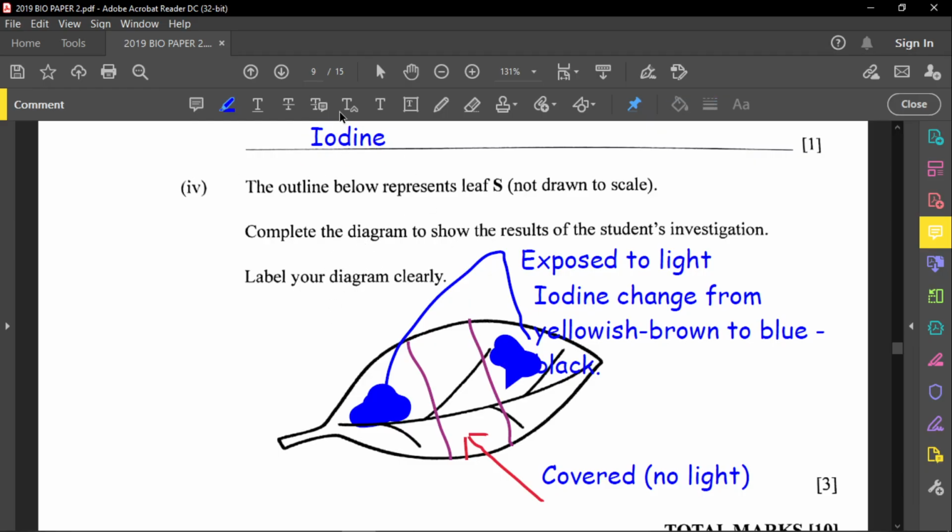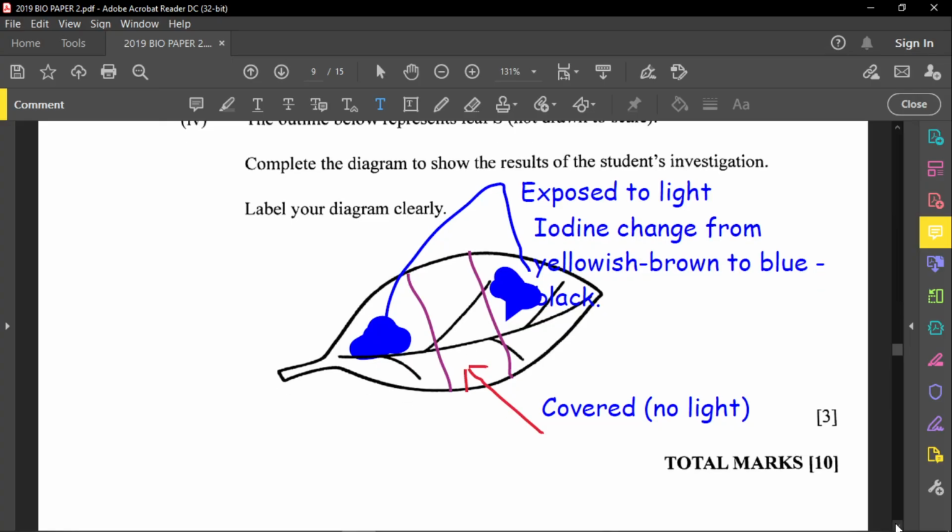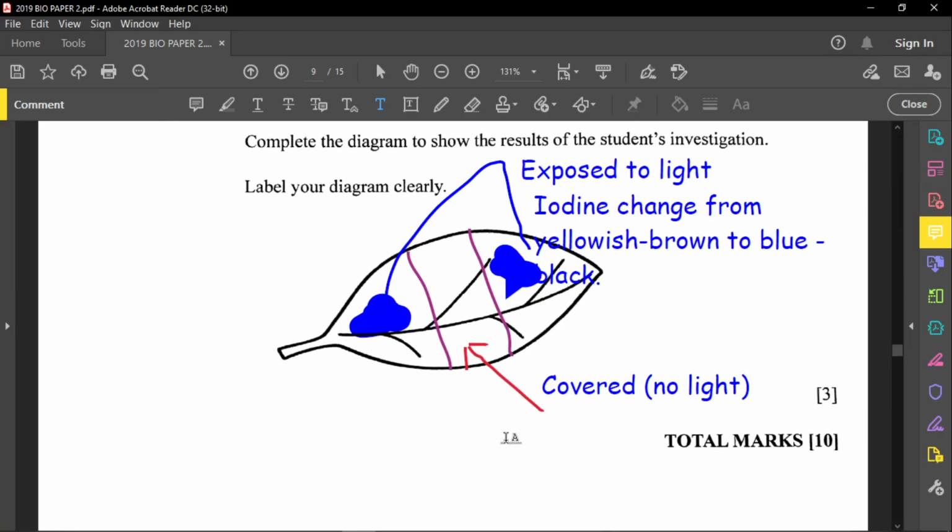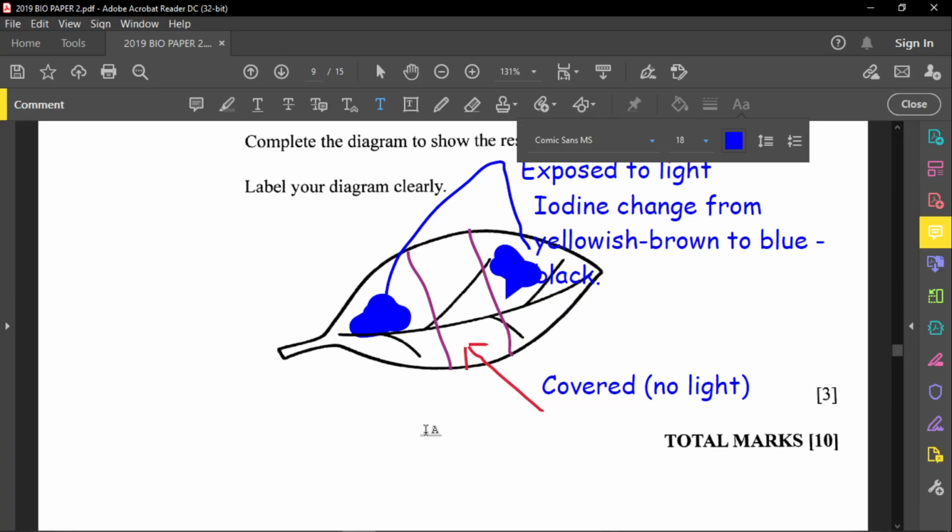Now, in this portion that was covered, let me just show you real quick what happened to that as well. Since there was no light, there's no photosynthesis. And if there's no photosynthesis, then this part will have no change in color. So the iodine remains yellowish brown. So there's no change.